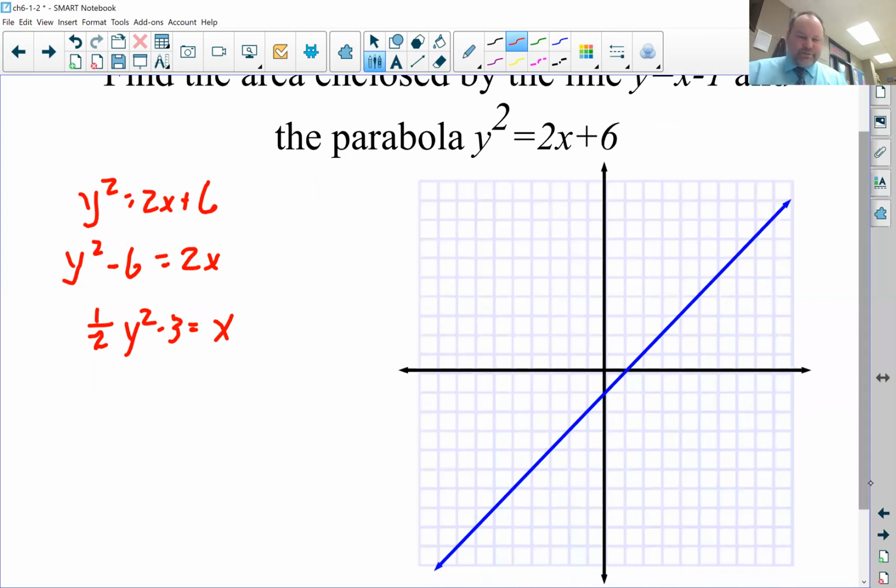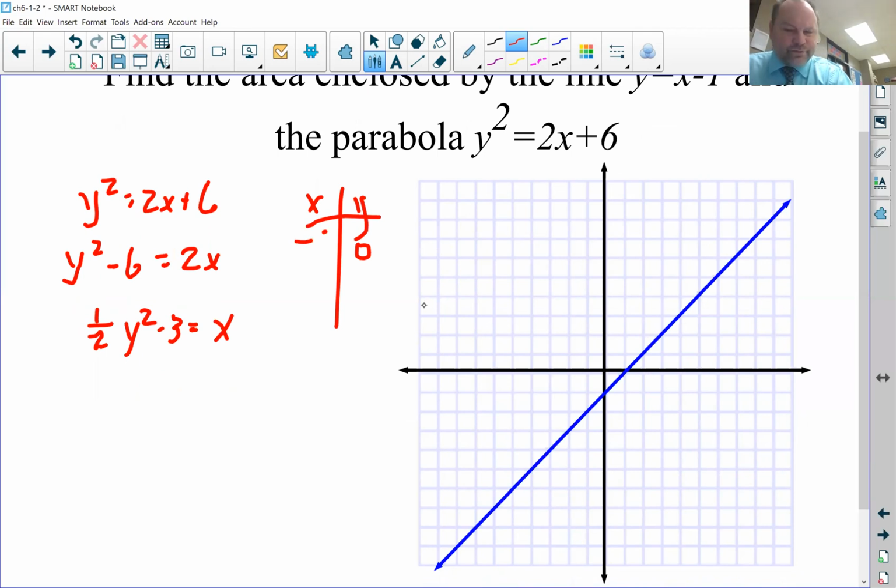And then I would just pick some values for y. 0 would be a good value. And if I plug 0 in, my x is -3.